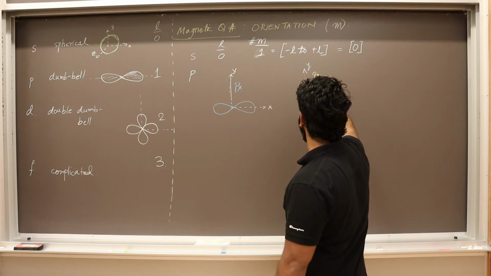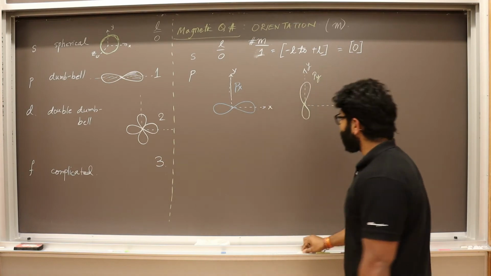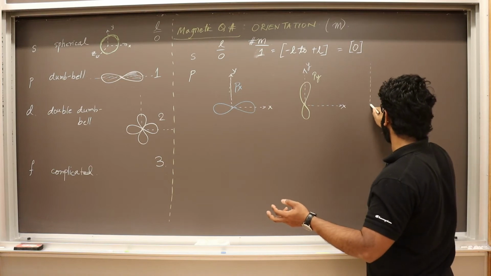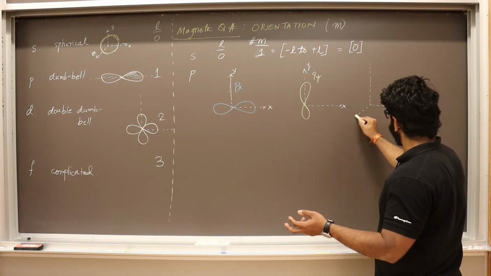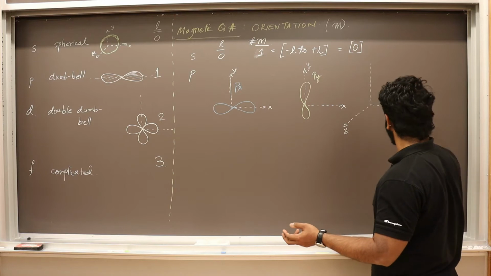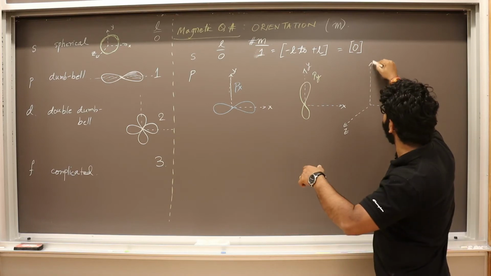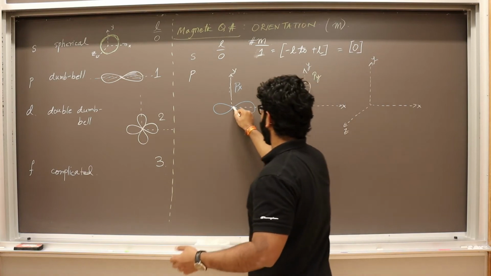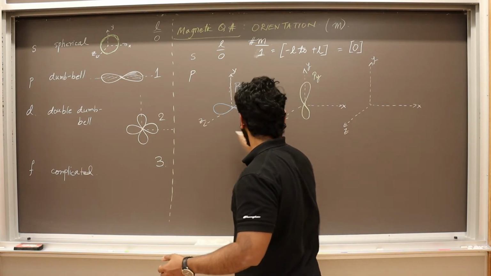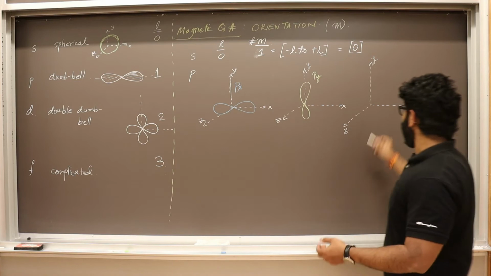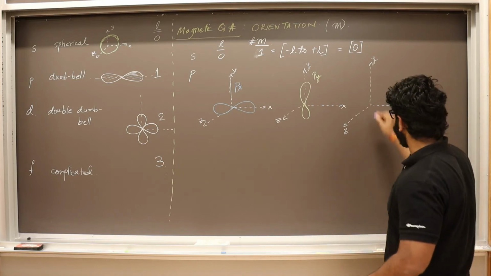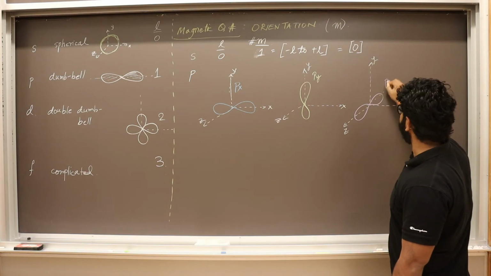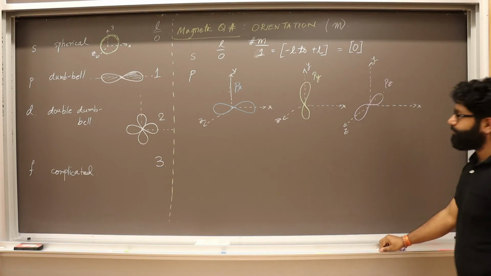This becomes a py. Now, there is another direction which is the pz. I have not represented the z in these, but they do exist. In here, you can have it along the z direction. So, this becomes a pz.